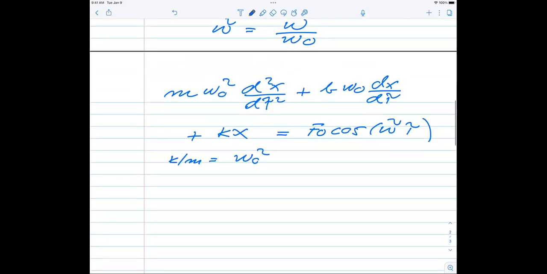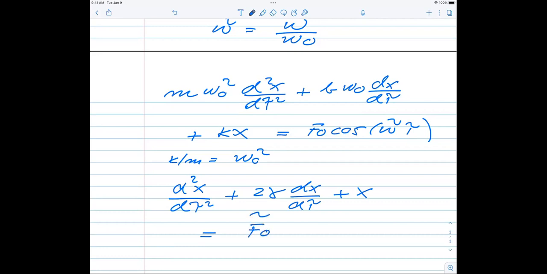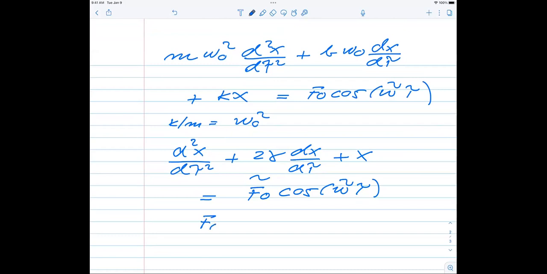And what we got then was the following equation, which runs like d2x over d tau squared plus, and then we introduce this parameter gamma, times dx of d tau, plus x, equal to a term which goes like F0 tilde times cosine of omega tilde times tau. And this term F0 tilde is the scaled amplitude, which is given by F0 divided by m omega 0 squared.